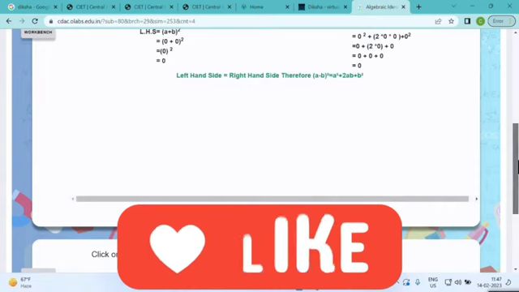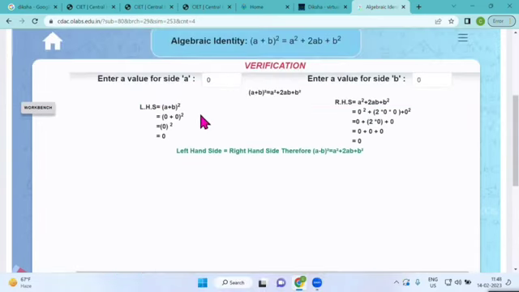We can verify mathematically by putting the values of a and b in different forms. Here my value of a is 4 and the value of b I can put as 6. So what is (4 plus 6) whole square? On the left hand side, 4 plus 6 whole square, that is 10, 10 square is 100.